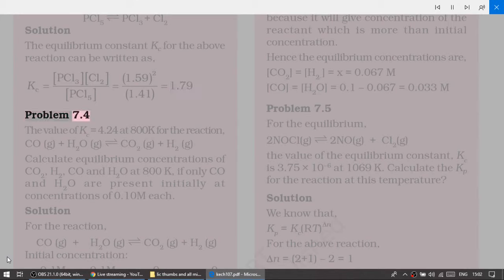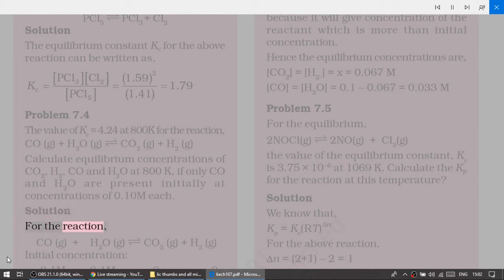Problem 7.4. The value of Kc is 4.24 at 800 K for the reaction CO(g) + H2O(g) ⇌ CO2(g) + H2(g). Calculate equilibrium concentrations of CO2, H2, CO and H2O at 800 K, if only CO and H2O are present initially at concentrations of 0.10 M each.